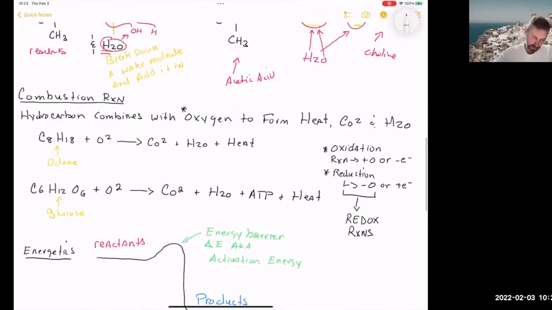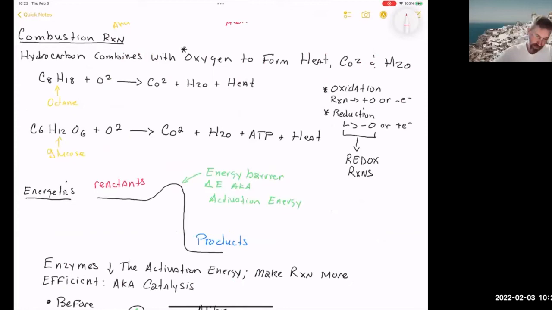And then a very special kind of breaking down reaction is what we call combustion, and I want to bring that up. A combustion is where you have a hydrocarbon, and a hydrocarbon is just an organic molecule that consists of hydrogen atoms and carbon atoms.